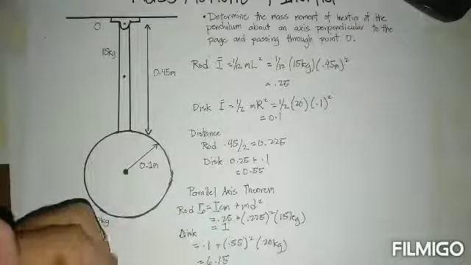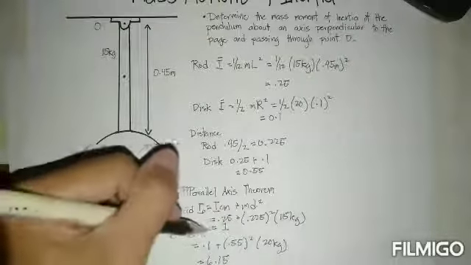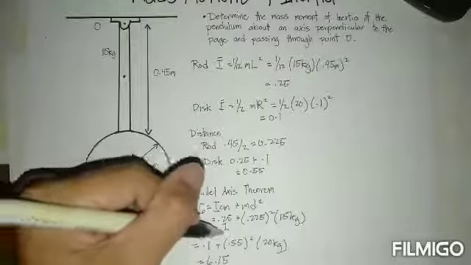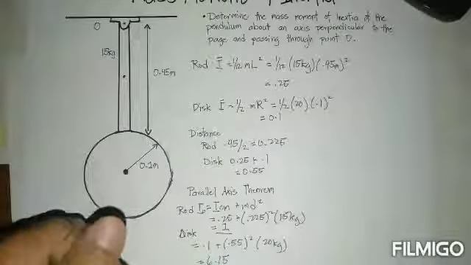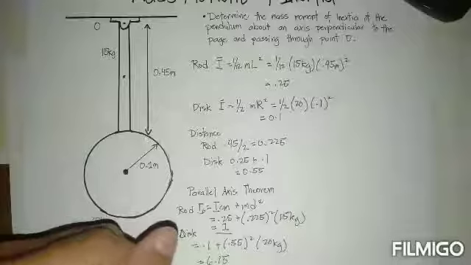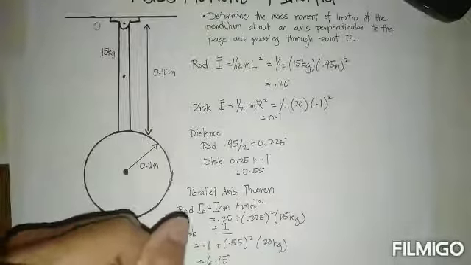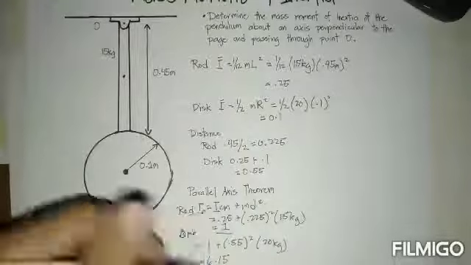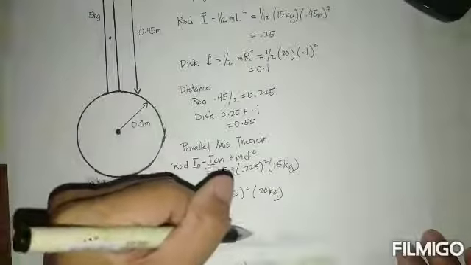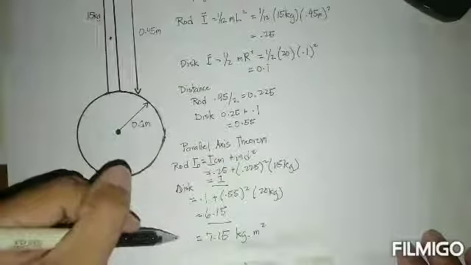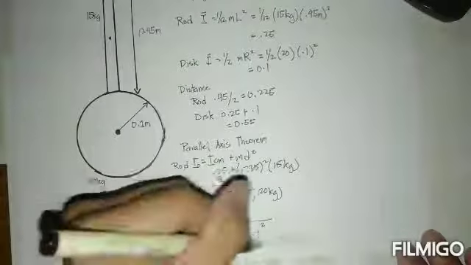To get the mass moment of inertia of the pendulum, just add the parallel axis theorem results of the rod and the disc. So that would be 7.15 kilogram times meter squared. That would be the answer.